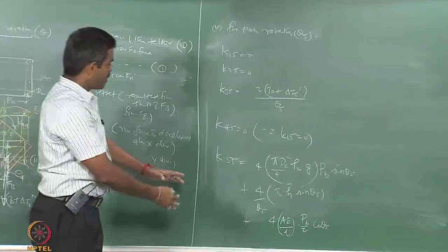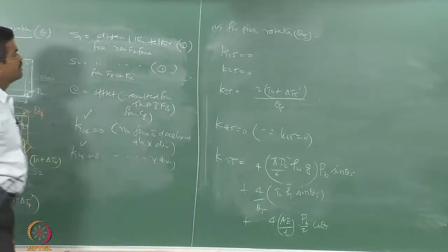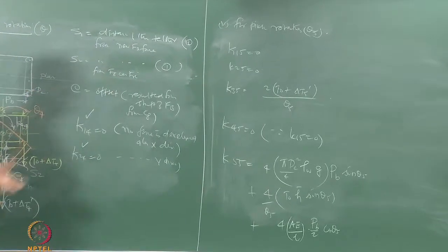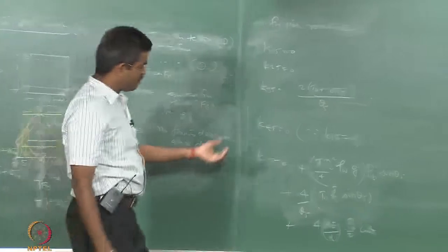You can write either K44 or K phi phi in the form earlier shown to you or in this new form. If you substitute back, they will be exactly the same.